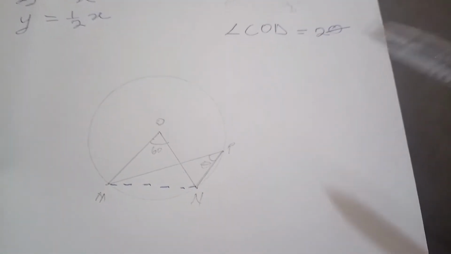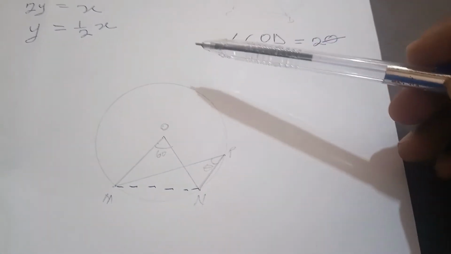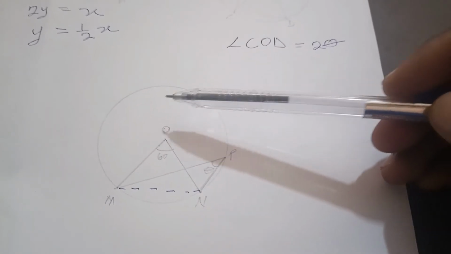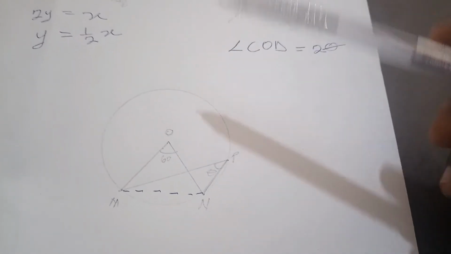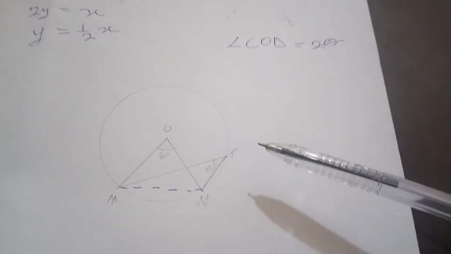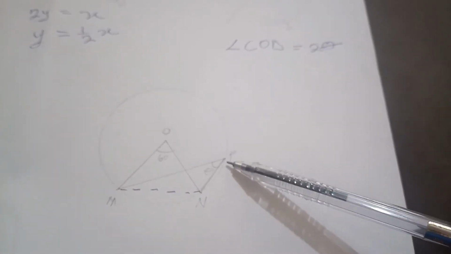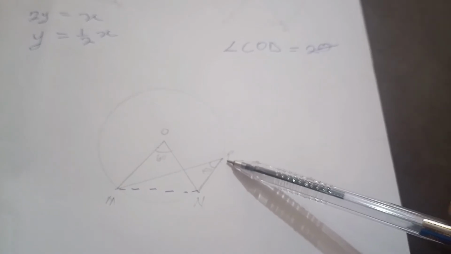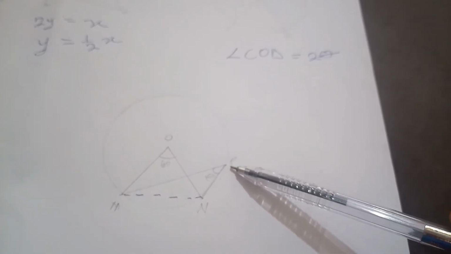Then the first part I explained, that not always is the angle subtended at the circumference at the top. So here it appears lower than the center of the circle, but the fact that it is the same chord MN subtending this angle at the circumference, theorem 1 still applies.